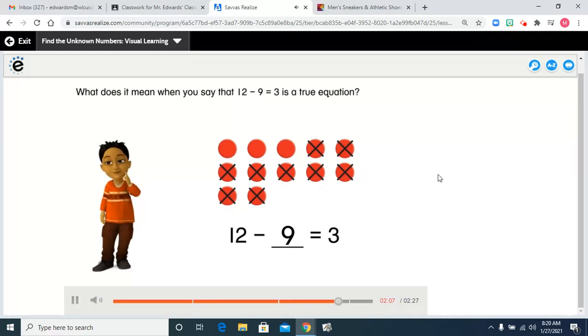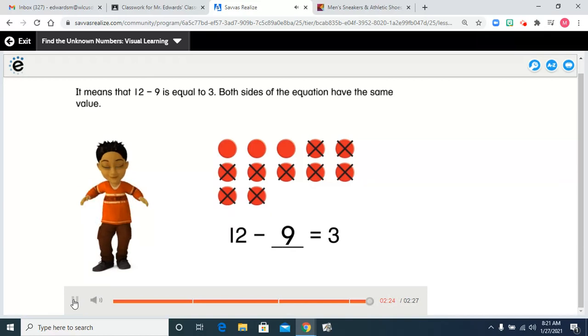What does it mean when you say that 12 minus 9 is equal to 3 is a true equation? It means that both sides of the equation have the same value.